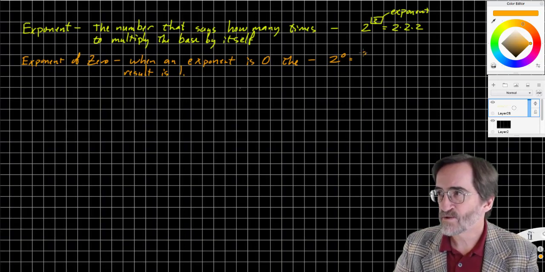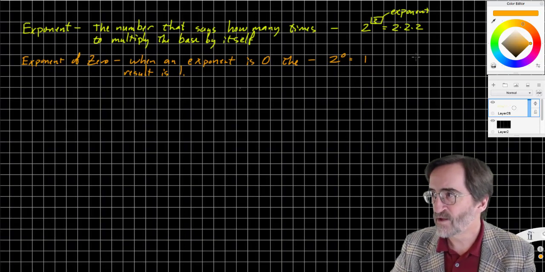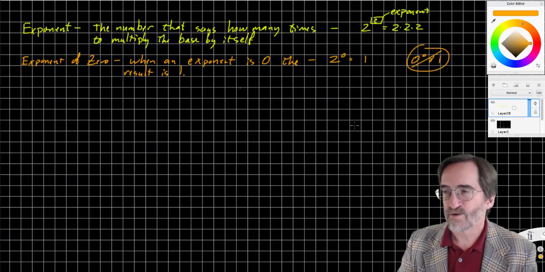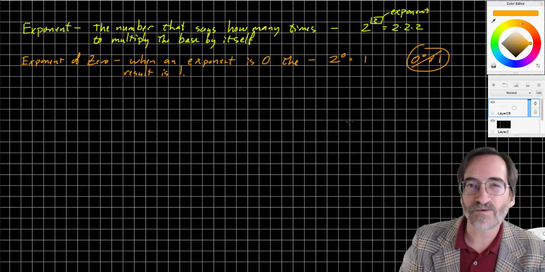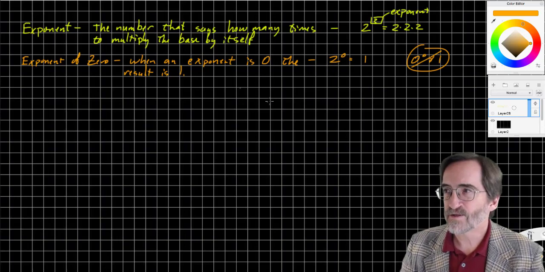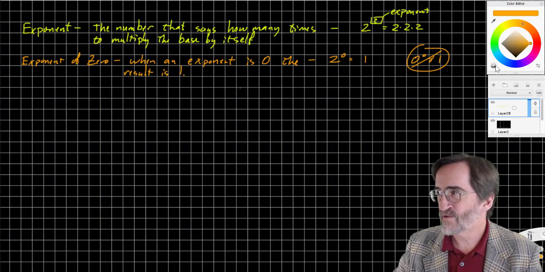It means 2 to the 1 divided by 2 to the 1. 1 minus 1 is 0. And anything divided by itself is 1. So anything to the 0 power is 1. The exception is 0 to the 0 power is not 1. You can't raise 0 to the 0 power because that would involve dividing by 0, which is not allowed. But anything else to the 0 power is 1.